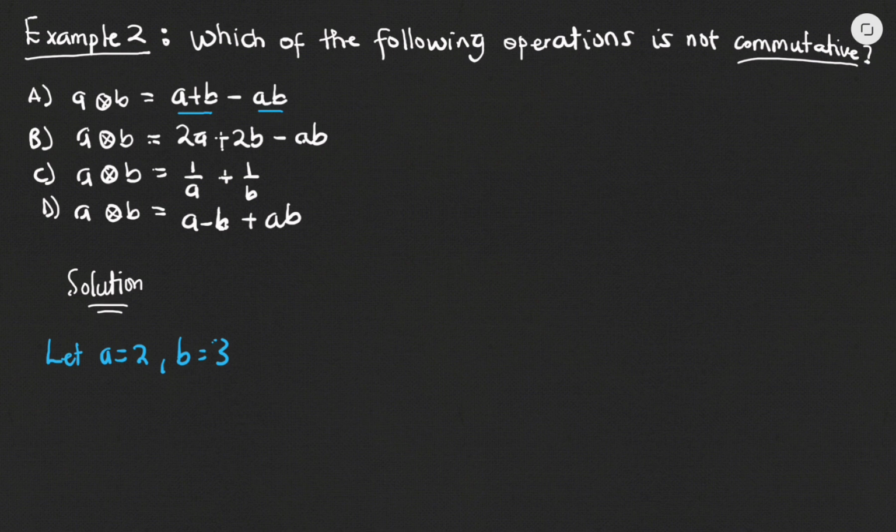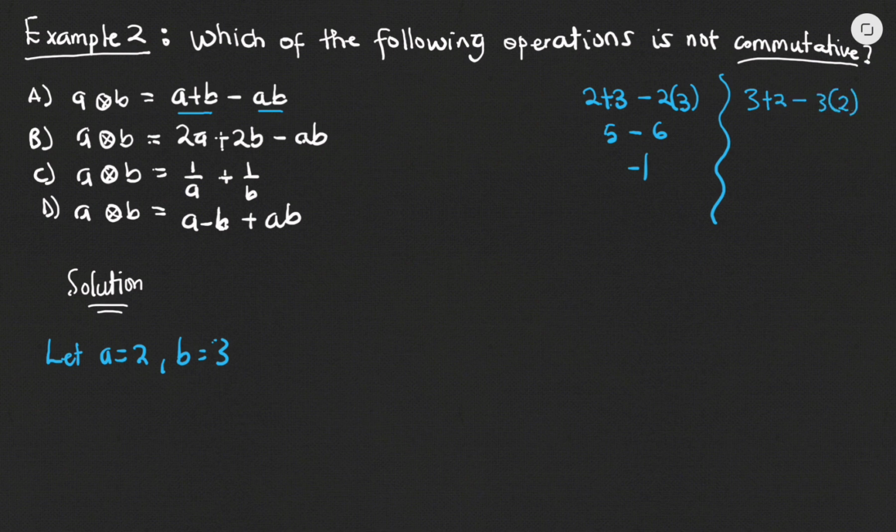So I'm performing the first operation. It will be 2 plus 3 minus 2 multiplied by 3. This will give me 5 minus 6, so 5 minus 6 will give me -1. Now if I interchange their position, I will now have 3 plus 2 minus 3 into 2.